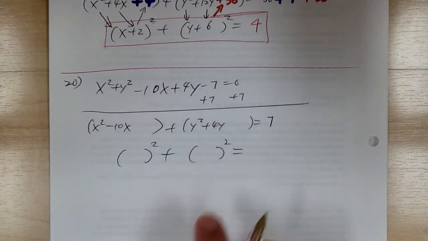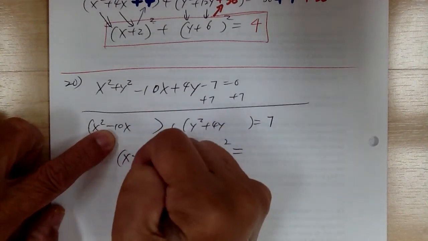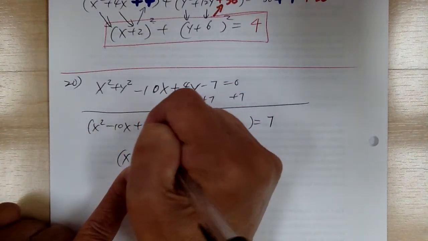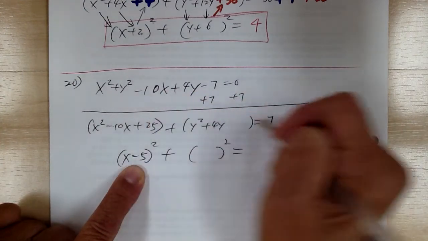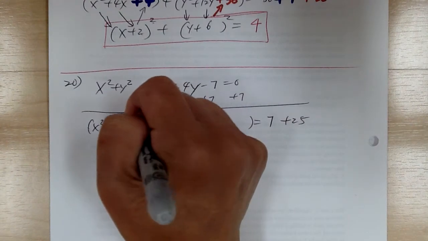So get your template ready. So from this you get x, from this you get minus 5, from this, right, you're going to square, you get plus 25. So once you plus 25, you have to do plus 25 over here. So I'm going to color code for you, okay?